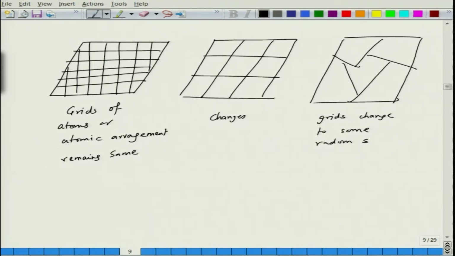Because from our structures of materials course we have seen that atoms, let us say, adopt a uniform structure like this. Let us say this is the two-dimensional grid of atoms. When you apply stress to it, let us say you apply a shear stress. So one way is it may become like this.